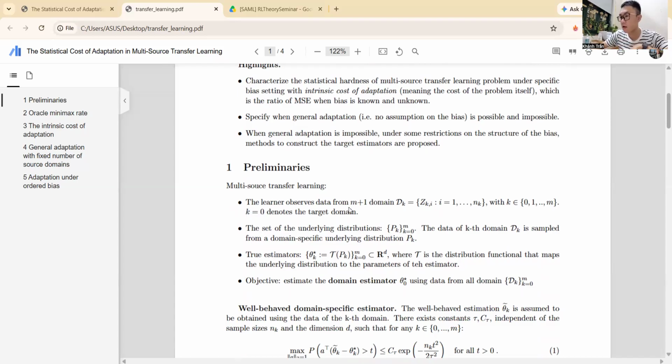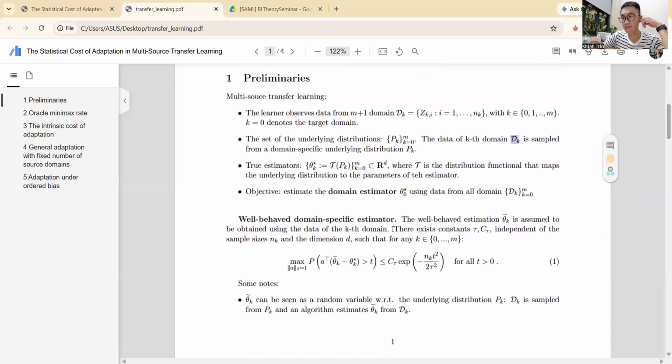And we have m source domains, and each one contains a set of data. For each domain, we have one underlying distribution, Pk. Pk is the distribution for the k-th domain, and the data Dk is sampled from the underlying distribution Pk.